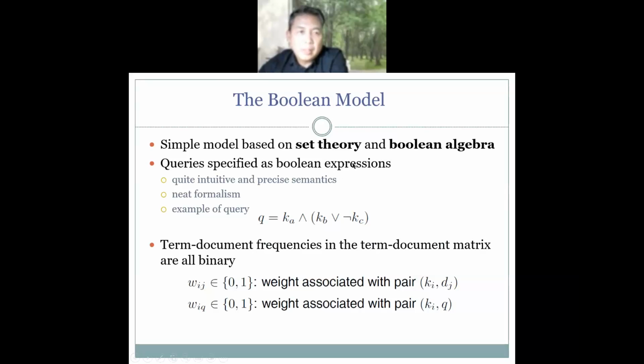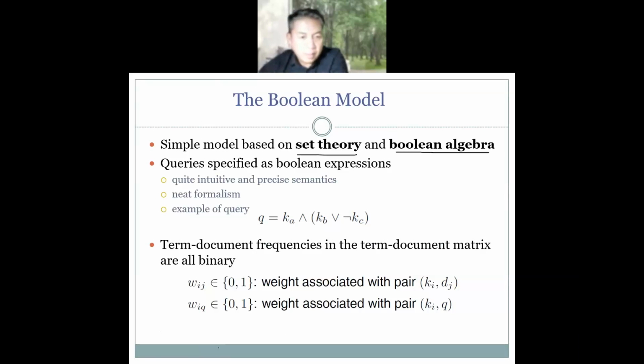And in the Boolean model, a simple model based on set theory will be used. Boolean algebra says that all the expressions will be made by using true and false only, or 0 and 1.